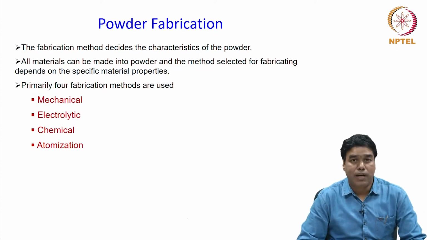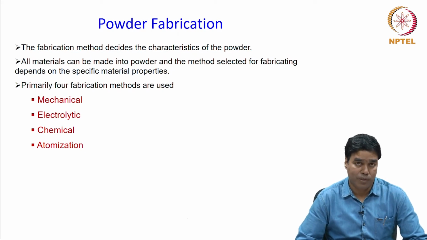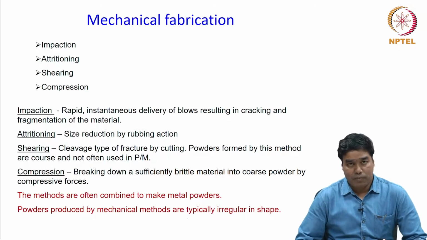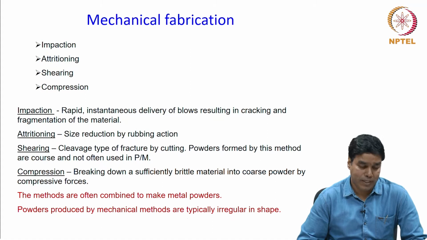So, let us start with the first one which is the mechanical method of powder fabrication. So, mechanical fabrication or mechanical method of fabrication means you apply a mechanical force, and with the help of that mechanical force you make small fragments from a material and make a powder out of it, right.